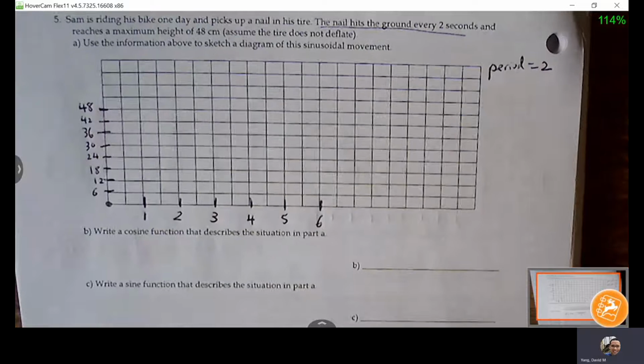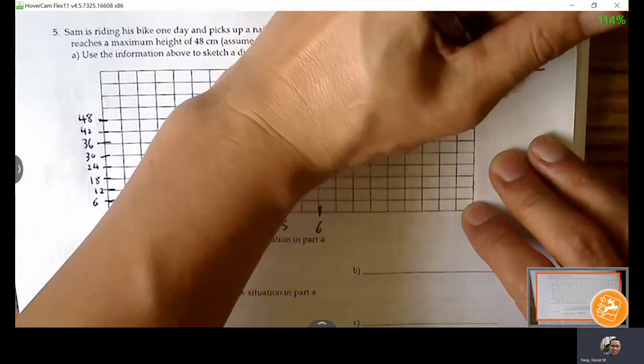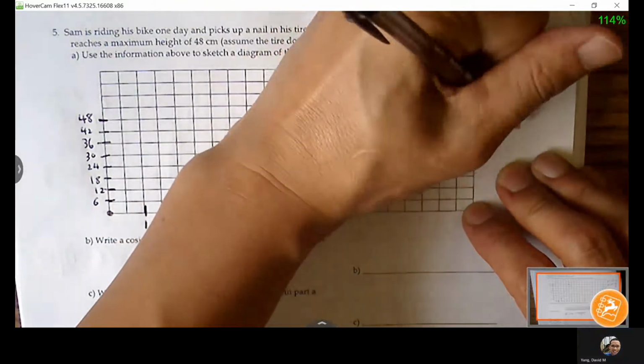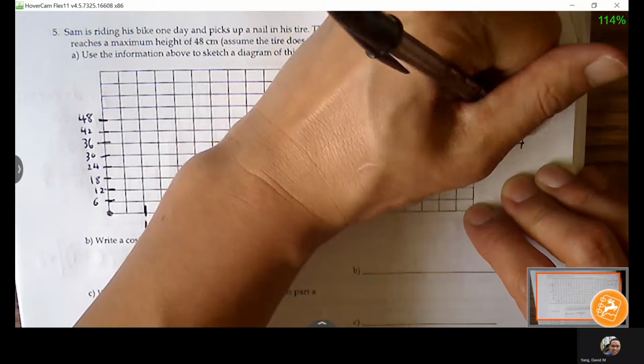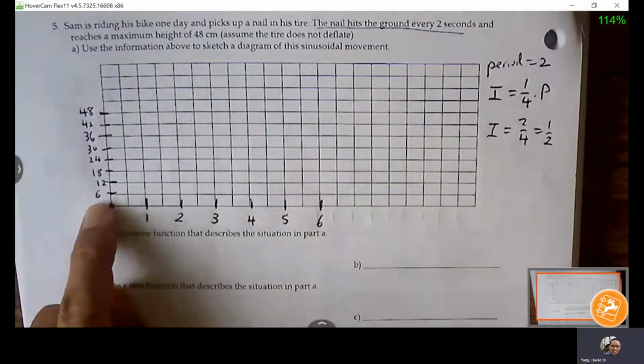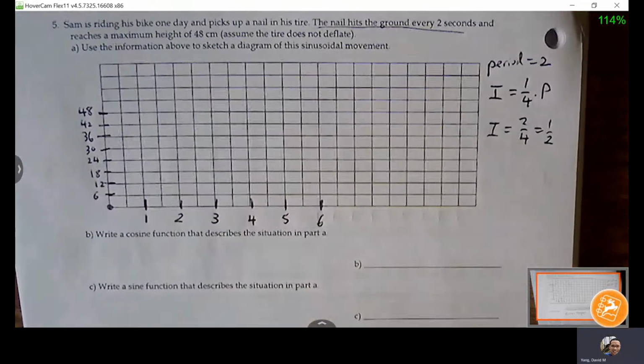Okay, since I've got to deal with a sine function, I'm going to go ahead and find my interval. I think it helps. Okay, so I spaced it out here. Every interval is 1/2, just easier for me to track my movement here.